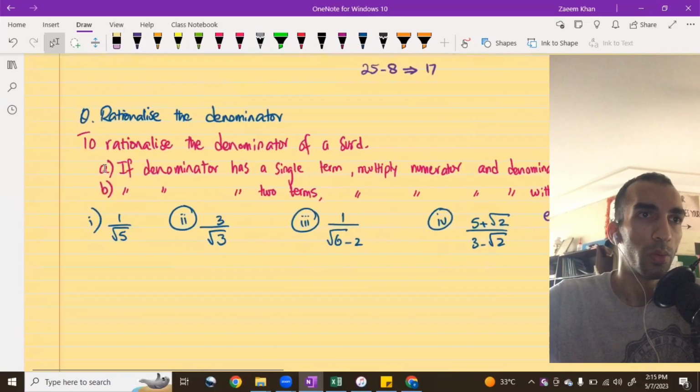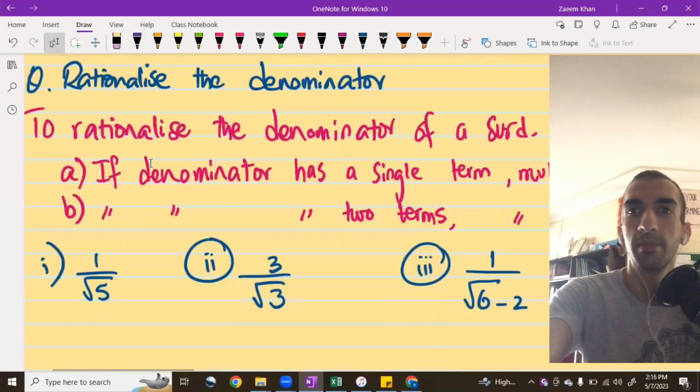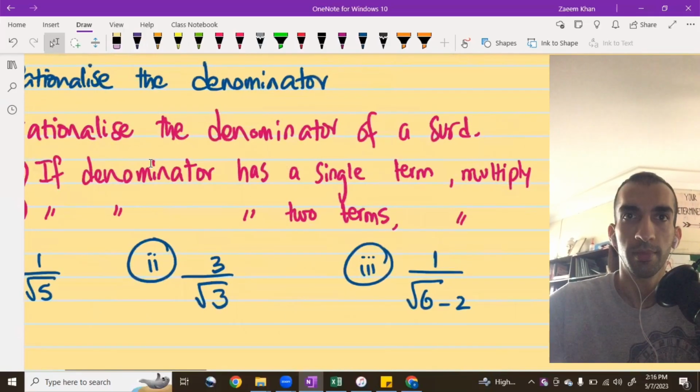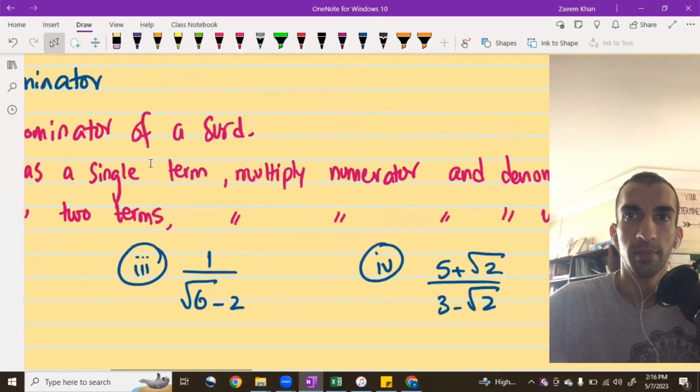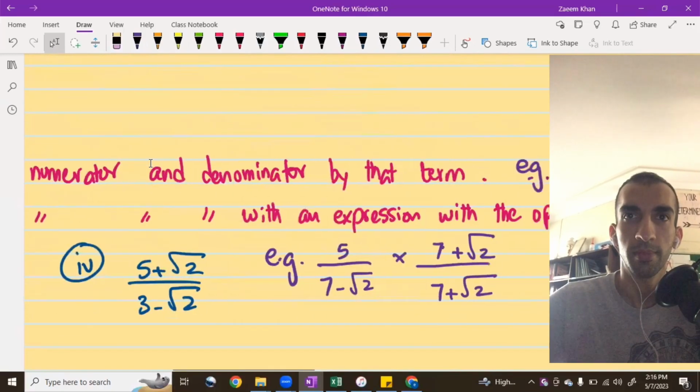Take a look over here. Can you read this? To rationalize the denominator of a surd, if the denominator has a single term, multiply numerator and denominator by that term.